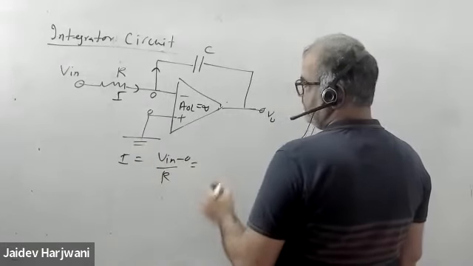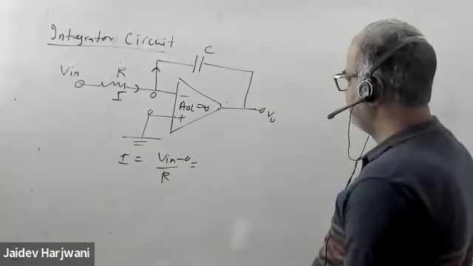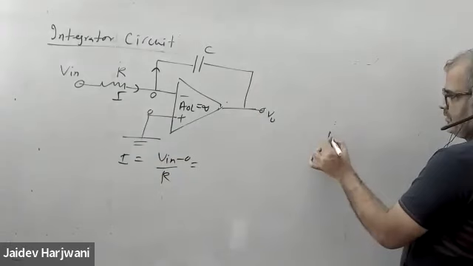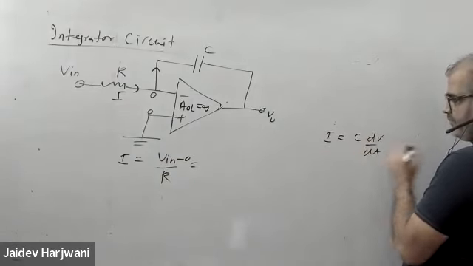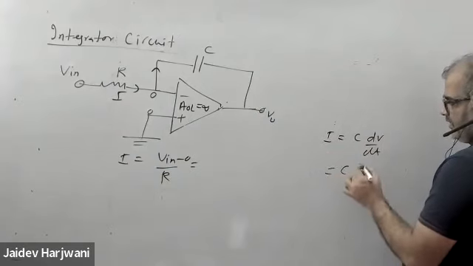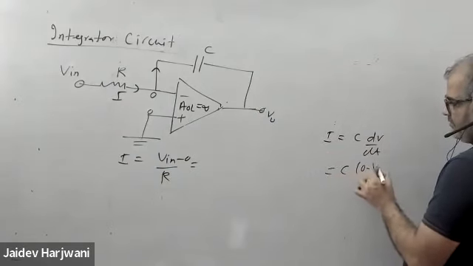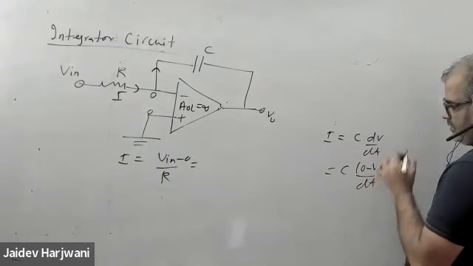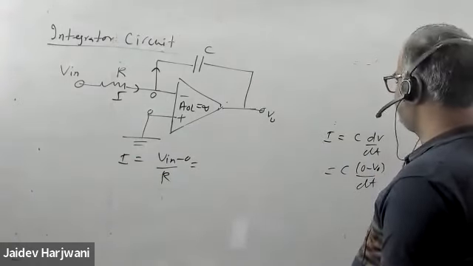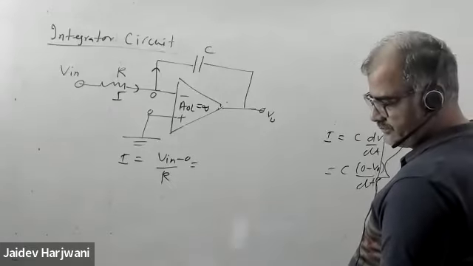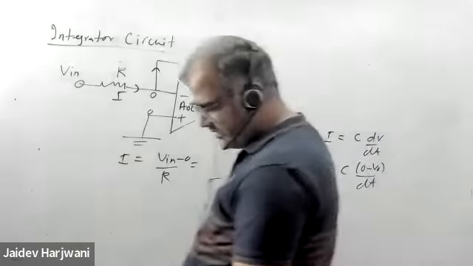Similarly, you know what the capacitor current is? Capacitor current is I equals C dV upon dt, which you did earlier, and here dV is 0 minus V0 upon dt. So just put the values there.